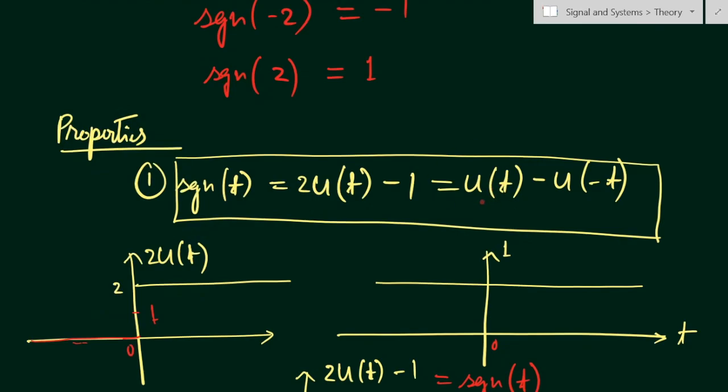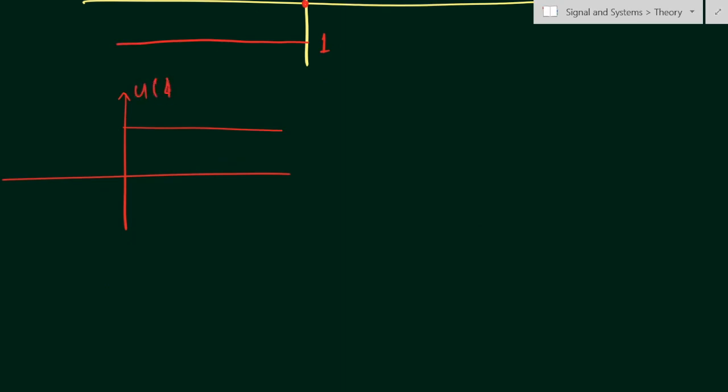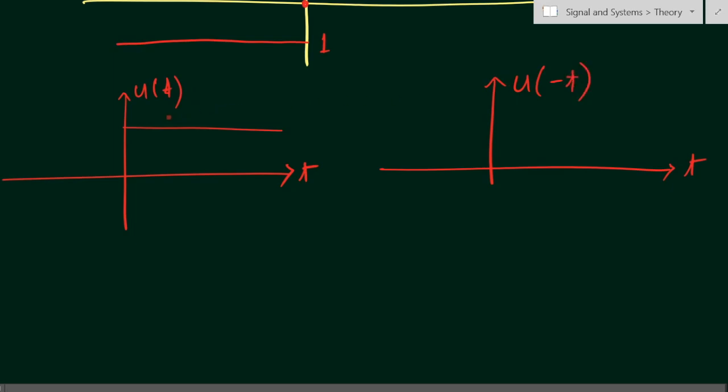Now let us find out u of t minus u of minus t. This is u of t, and here we have t. In the left hand side we have 0 value. Now if we find u of minus t, we have to find the mirror image across the y-axis.